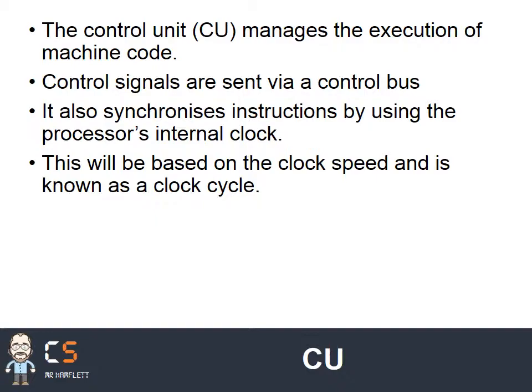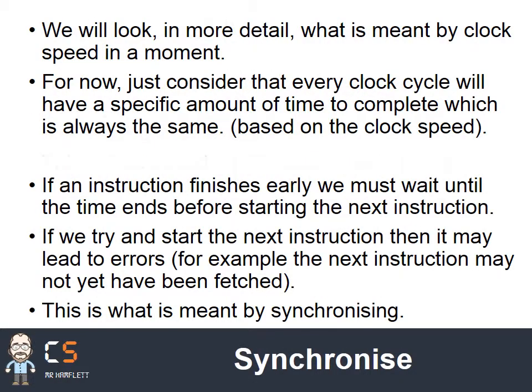So when we say synchronize, what we really mean is every clock cycle, i.e. every instruction, will run for a specific amount of time. Okay, so a clock cycle is always the same amount of time, and that time is based on the clock speed. So for example, if I have an instruction which finishes early, well, I don't want to start the next one off yet, because if I do that, we might have an inconsistent state.